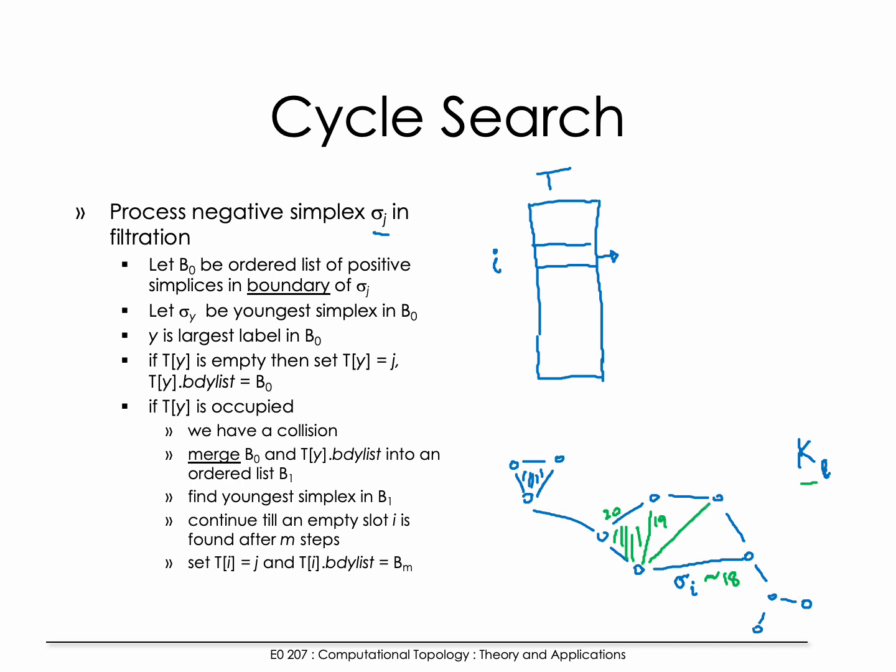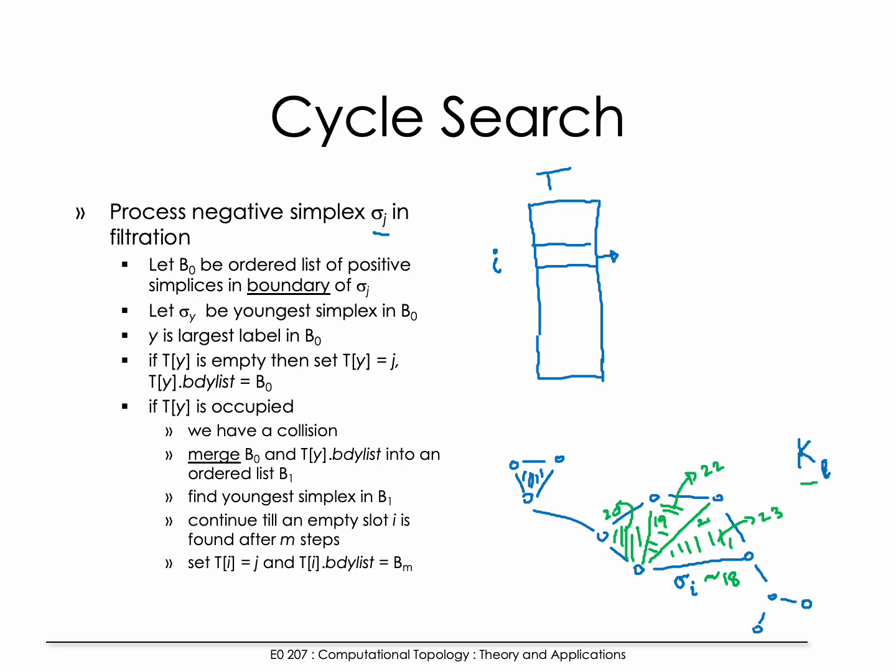And then I insert another edge that I call 21. And then I insert the triangle here, and that triangle is 22. And finally I insert a triangle which essentially destroys the cycle that was created at 18. And this triangle is 23. So our sigma sub j is 23.